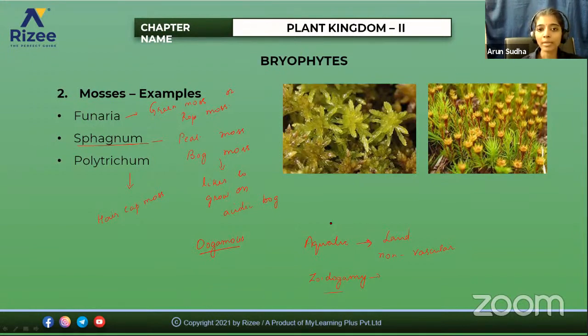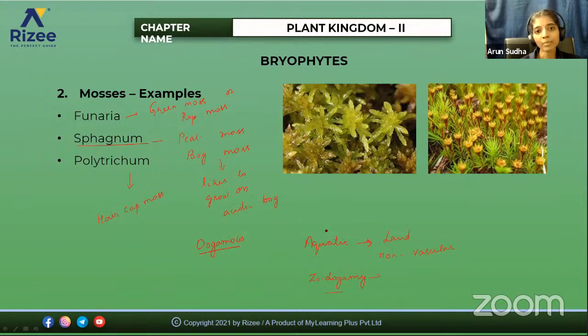And also in the case of algae, the plant body is thalloid. And here, though there is no formation of true root, stem and leaves, there are false root, stem and leaves. That is, root-like, stem-like and leaf-like structures. The root-like structures are called the rhizoids here, and they also have leaf-like structures.